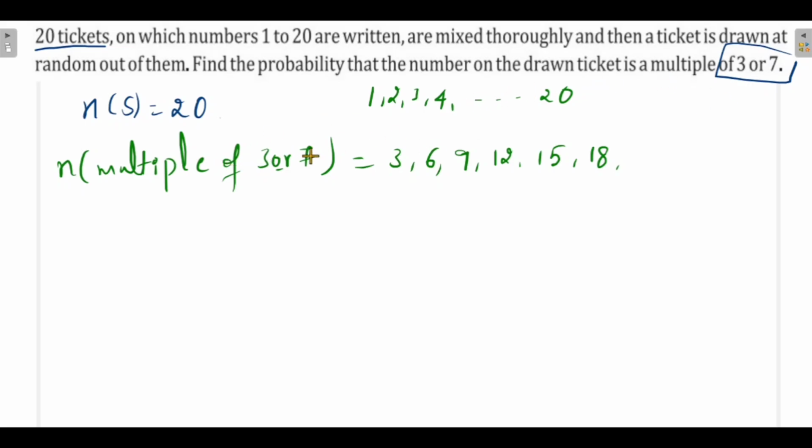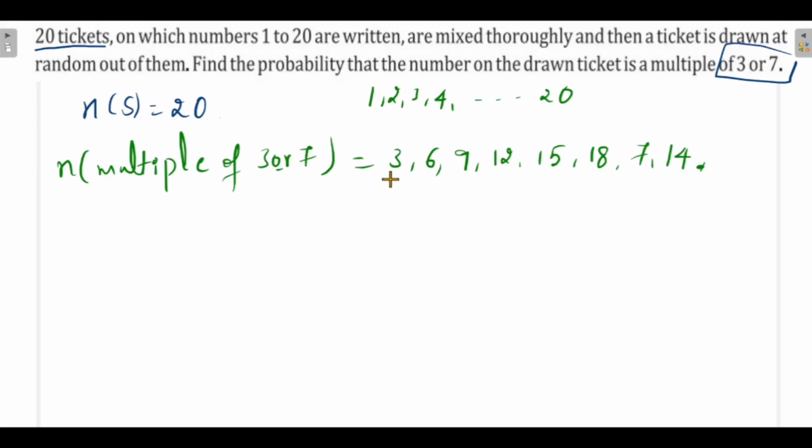That means we have to include multiples of 7 also. Multiple of 7 from 1 to 20: 7 comes between 1 to 20. Next multiple of 7 is 14. 14 is also a multiple of 7. The next multiple is 21, we should not take 21 because it exceeds 20. That's why we have to stop our procedure here.